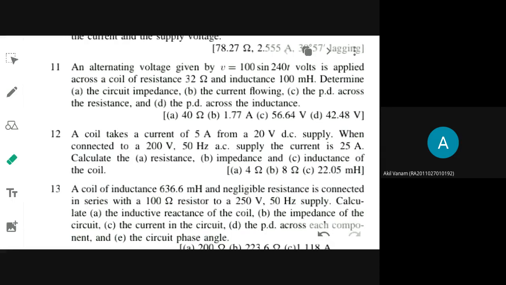So type in the chat box, how will you find out impedance, Ritesh? What is the formula for impedance? Gaurav or Ritesh? Nobody is going to answer.